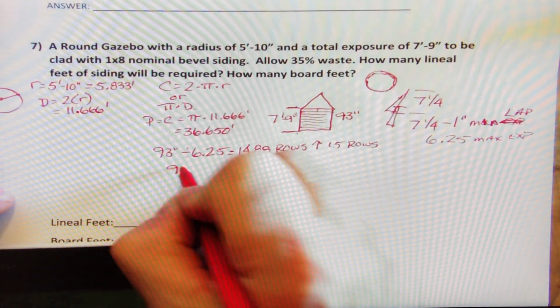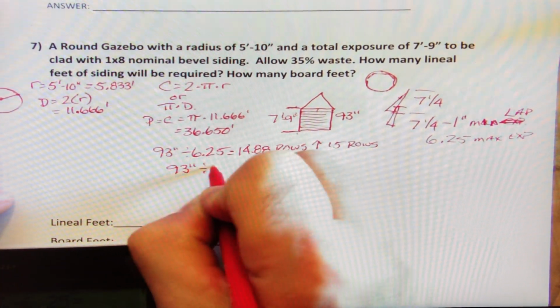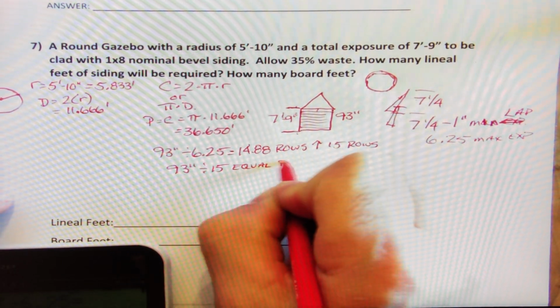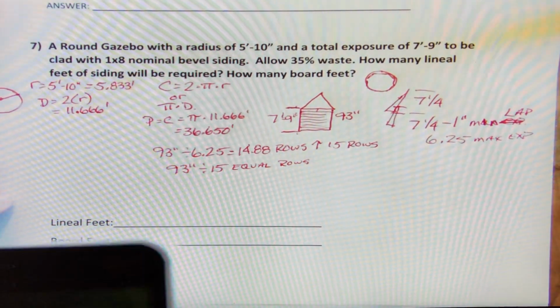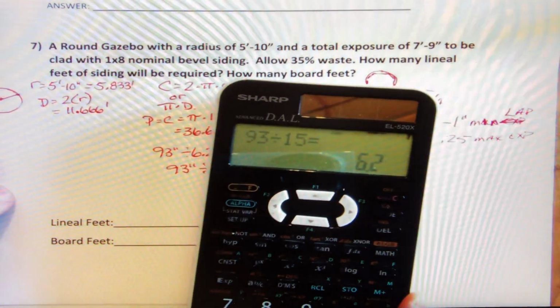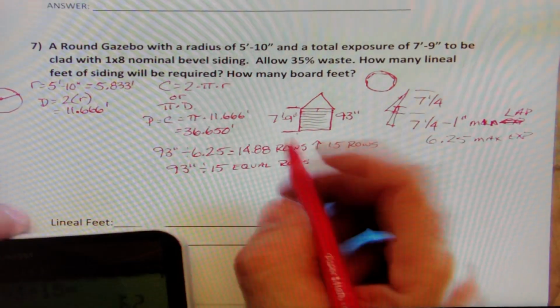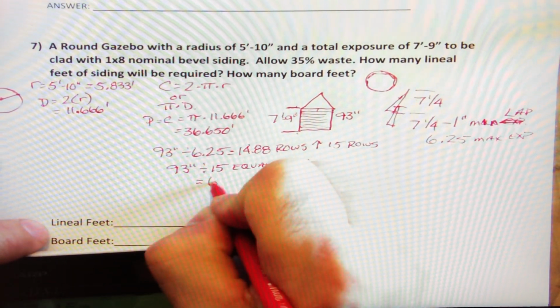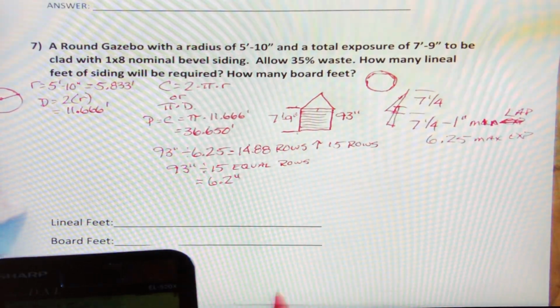I'll do that calculation again. 93 inches divided by 15 equal rows equals 6.2. That will be my inches.